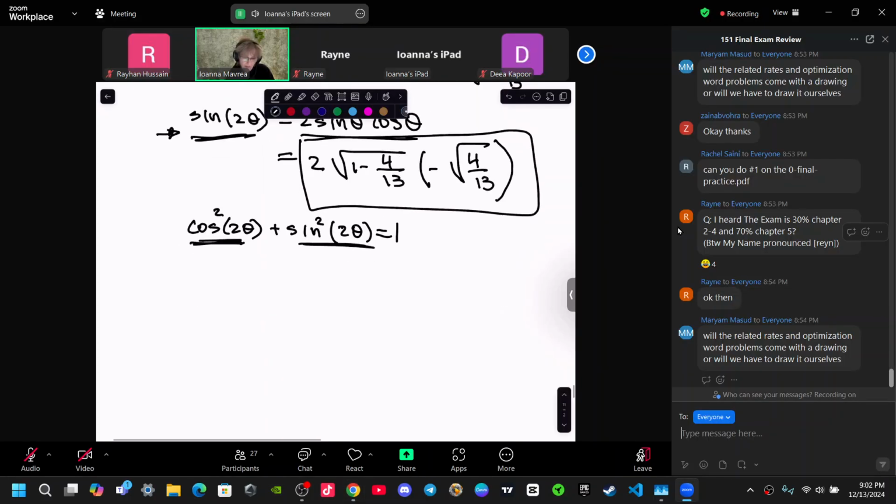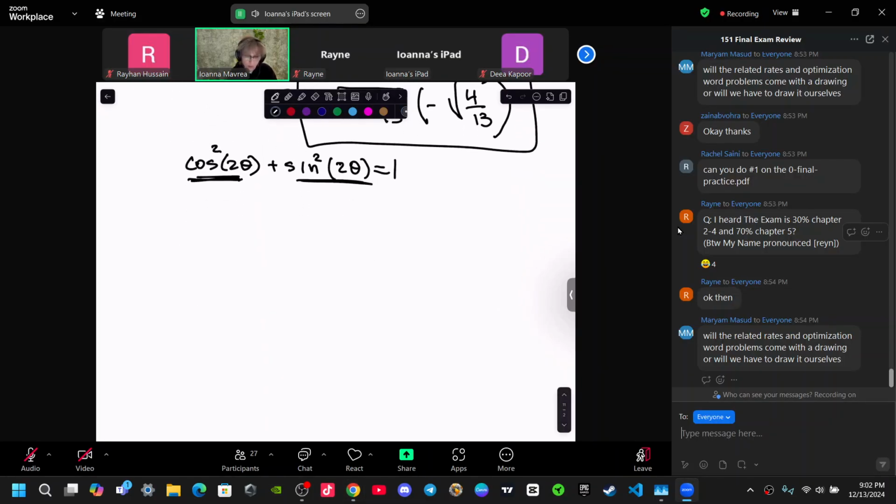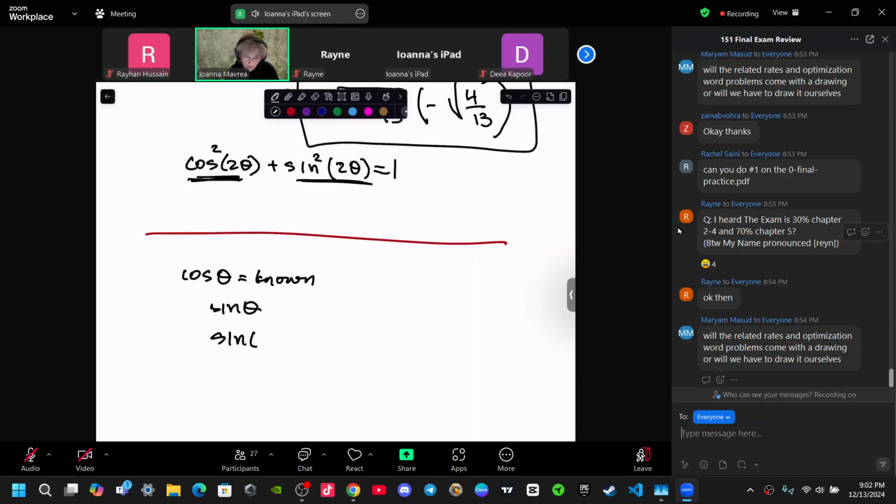Okay, so this question would have been more appropriate if somebody gives you a cosine, it's known, and asks for the sine or the sine of 2 theta, or somebody gives you a sine, a known number, a constant, and says, what's the cosine?